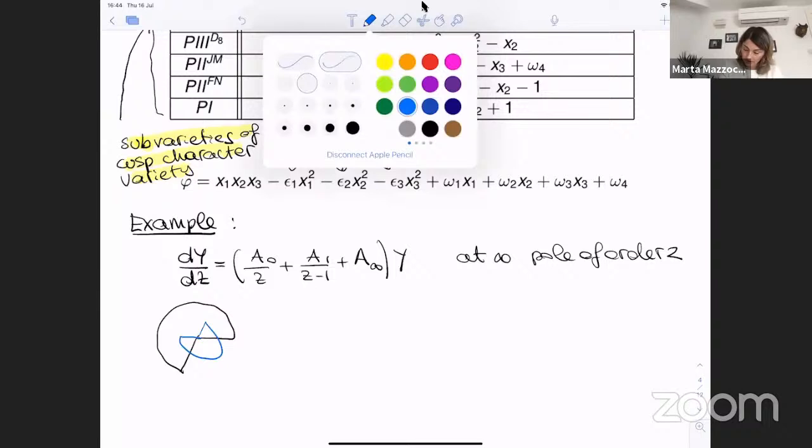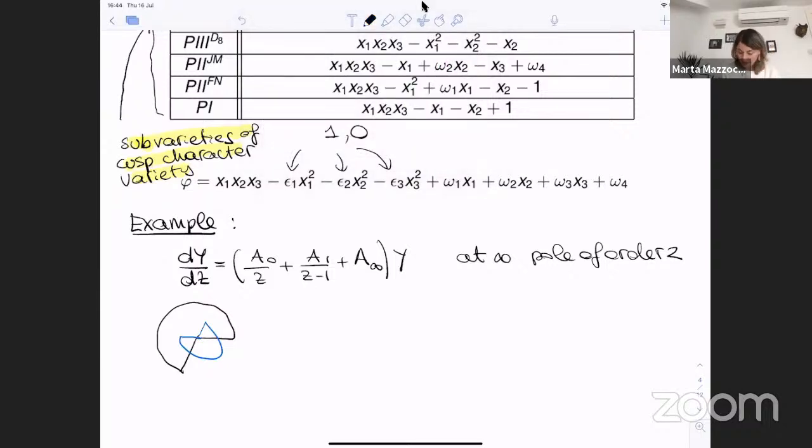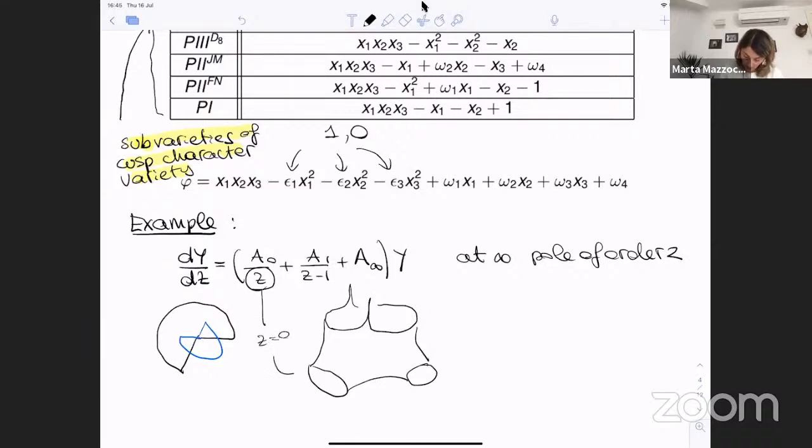So with Chekhov and Rubtsov in a previous paper, we proposed to describe this situation by associating, instead of a standard character variety, to this system a Riemann sphere which has 2 holes, namely the hole due to z equal to 0 is 1 hole, and another hole comes from z equal to 1.